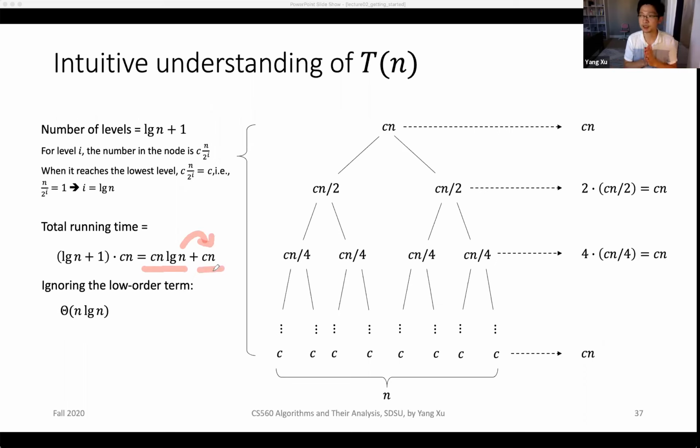Cn is a linear function, and the fact that Cn times log of n is higher order means that we can ignore the lower term. So the total running time is determined by the highest order term, which is n times log n. And that's why we can use big theta of n times log n to describe the running time of merge sort.